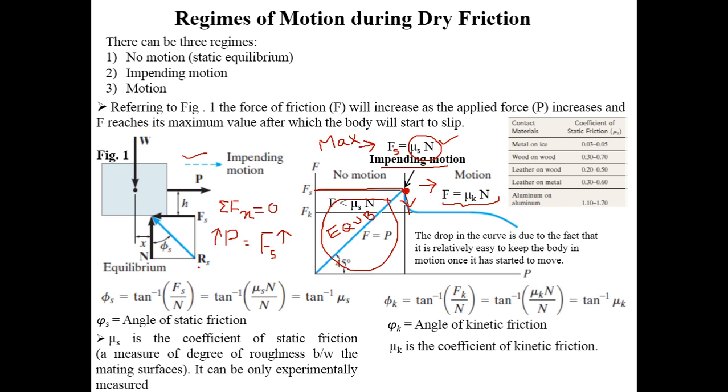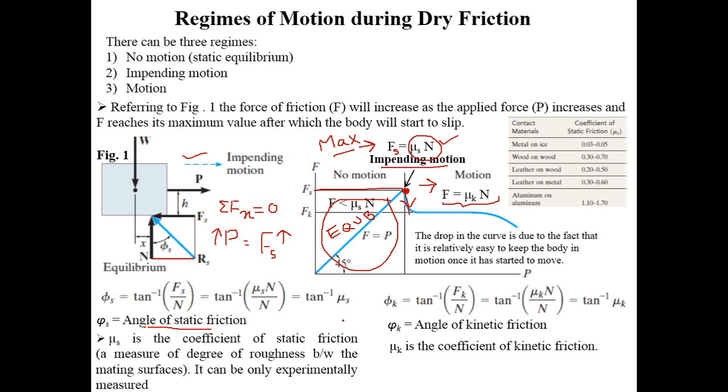So from this right angle triangle, we can say that phi s is equal to tangent inverse of the perpendicular, which is Fs, and the base, which is N. And we know that Fs is the maximum value of friction force, which is given by the product mu s N. So you substitute mu s N in place of Fs and you get this result. This phi s is known as the angle of static friction.